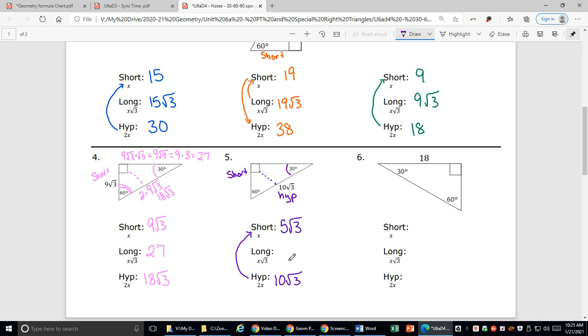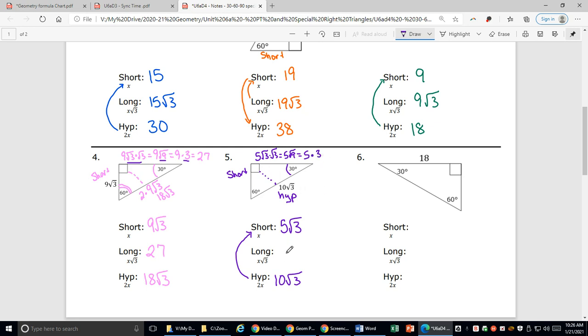Okay, so now we have to tackle the long leg. My long leg is right here. So my long leg is that short leg, 5 square root of 3, times another square root of 3. And the same thing that happened here, my square root of 3 times square root of 3 is going to become the square root of 9. And we know the square root of 9 becomes just 3, so this is going to be 5 times 3.